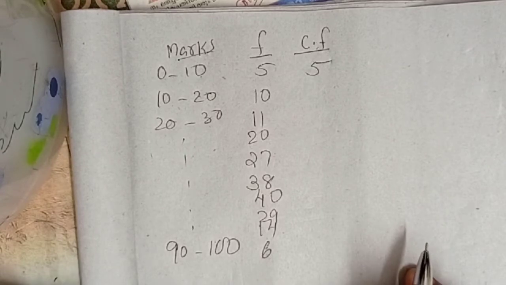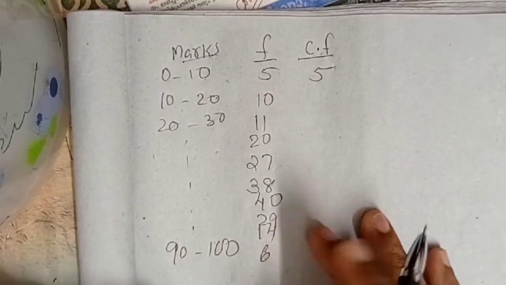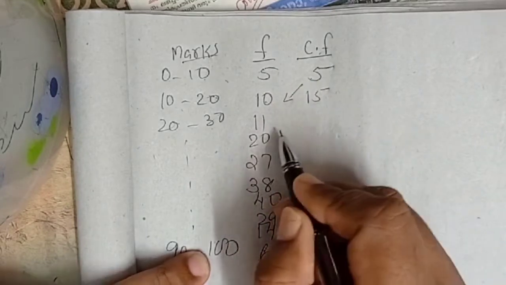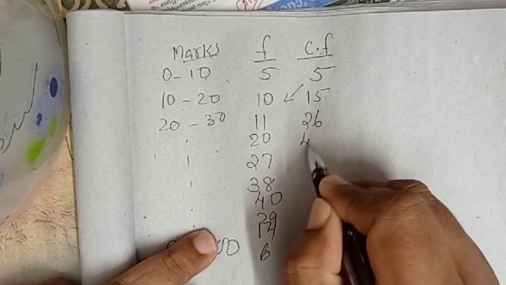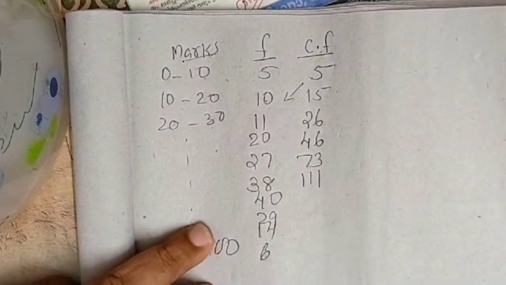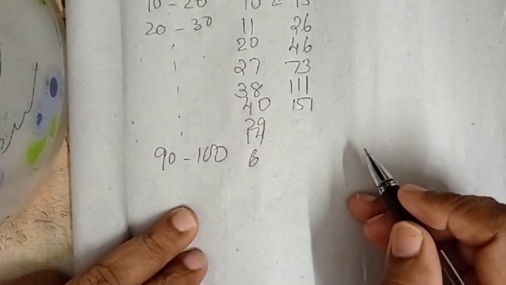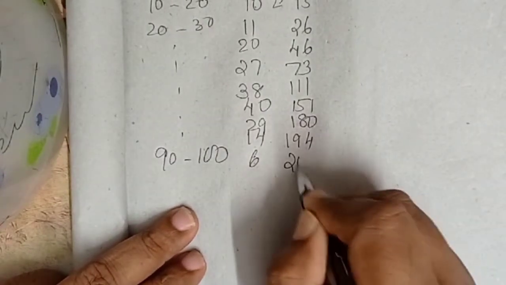Two types of ogives are there: one is the less than ogive and the second is the greater than ogive. Here we always draw the less than ogive. 5. Then the next one: 5 plus 10, 15. 15 plus 11, 26. 46. 73. 111. 151. 180. 194 plus 6, 200.